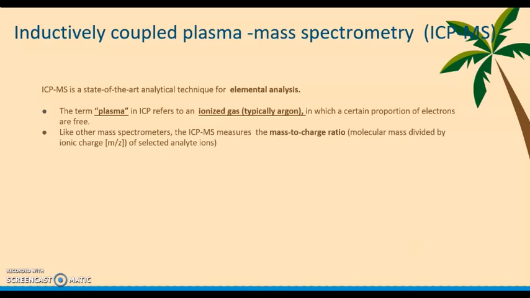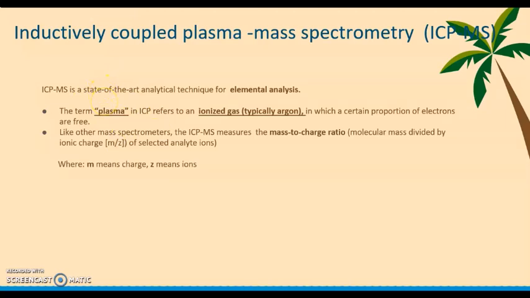Like other mass spectrometers, the ICP-MS or inductively coupled plasma mass spectrometry makes use of a mass to charge ratio. So, yung ating pong M dito sa ating pong formula ay ginagamit natin dito sa molecular mass divided by the ionic charge, wherein the M is your charge and the Z will be the ions.